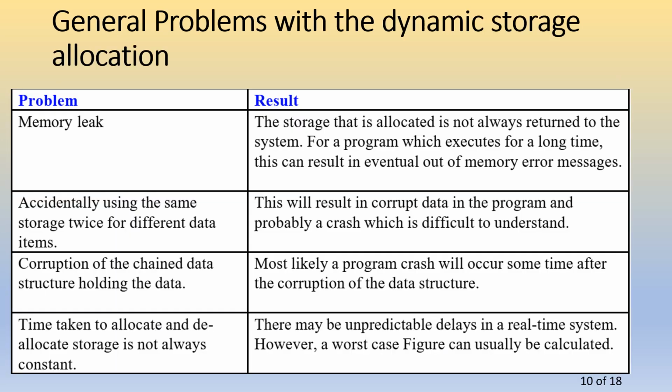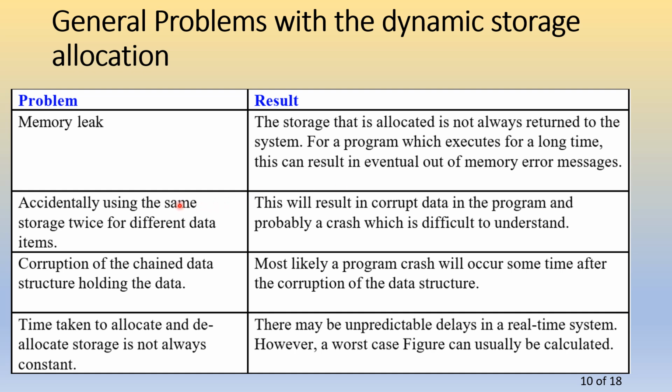Generally, in any programming language, we have problems with dynamic storage. The following problems are there. The first one is memory leak. Memory leak is when you allocate memory to the pointer and forget to remove it, then it will occupy the memory, and you will run out of memory.